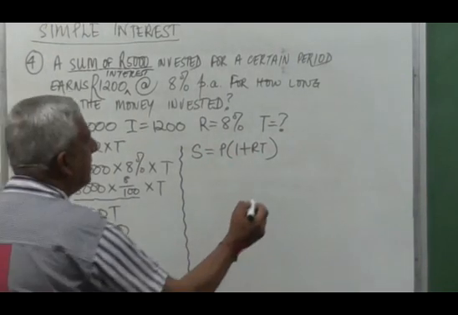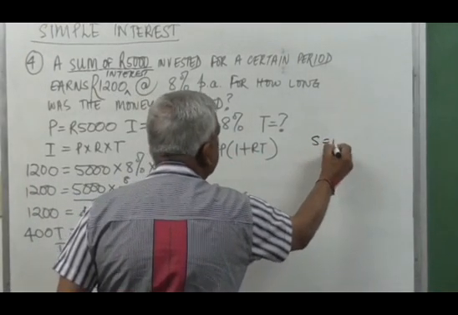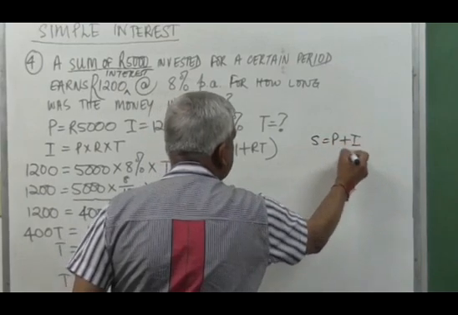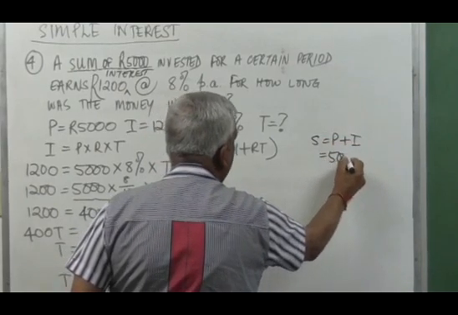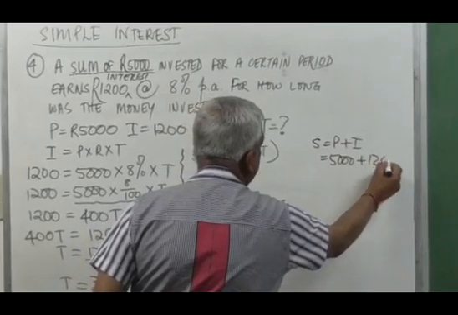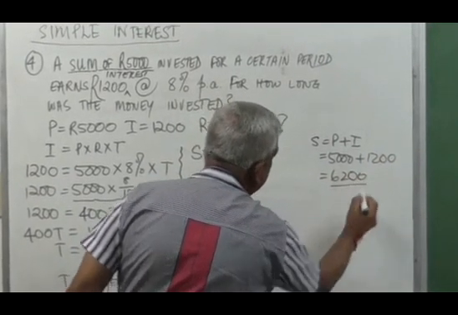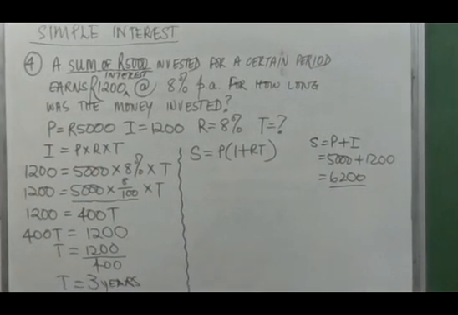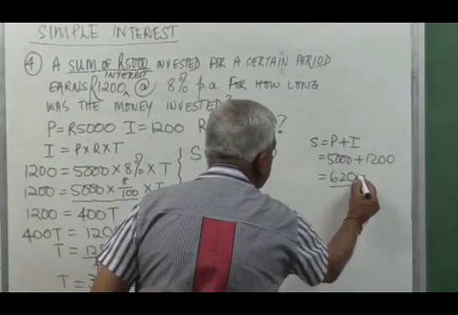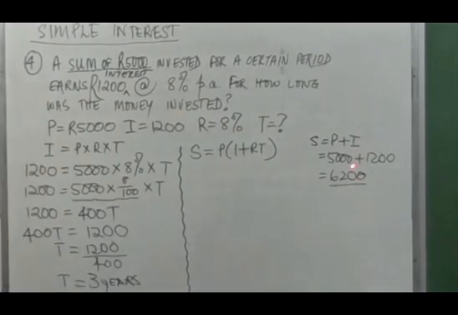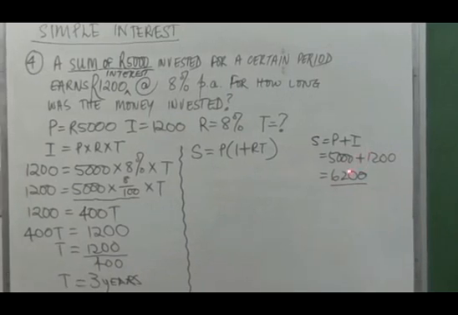Now remember, sum is always equal to principal plus interest. So the principal is 5,000, the interest is 1,200, therefore the sum is 6,200. So you have to calculate the sum, which is 6,200.